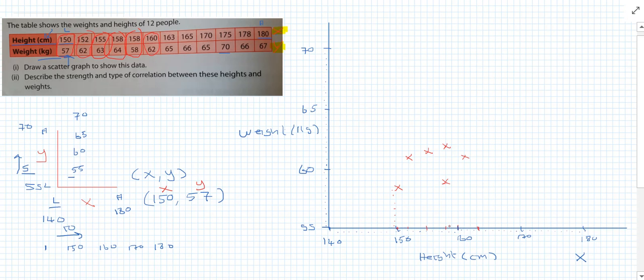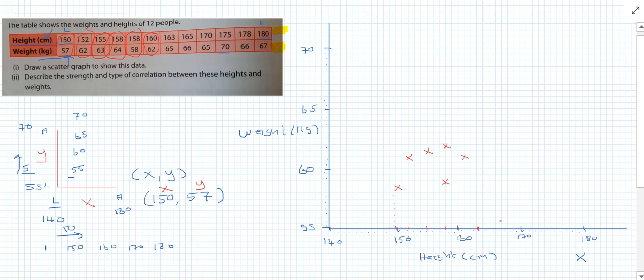And then we have to go to 62. So 62, let's get rid of this. So 162. Where am I?